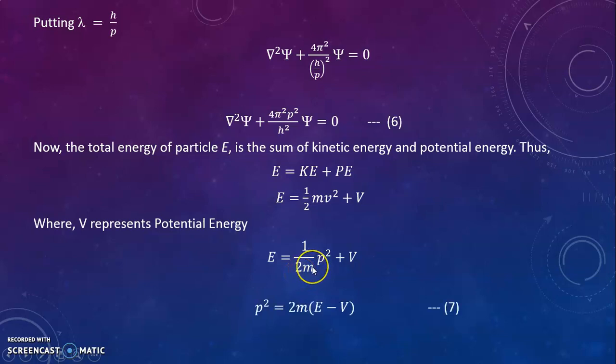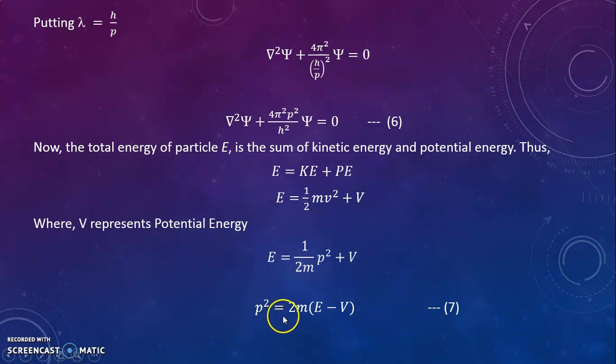Now we have to write it in terms of p square, because we have to put this p square here. So take this plus V to that side, so it becomes E minus V, and then this 2m is at the denominator. If we take it to this side, it will come as multiplication.